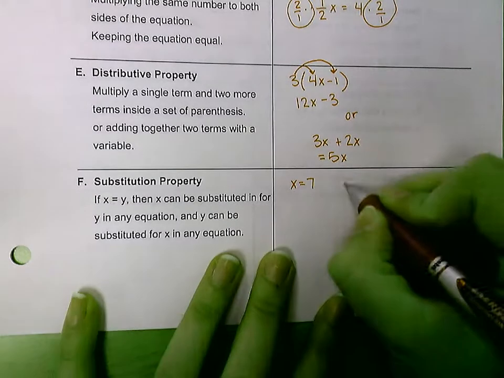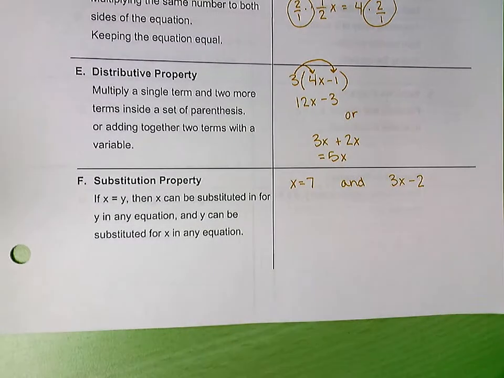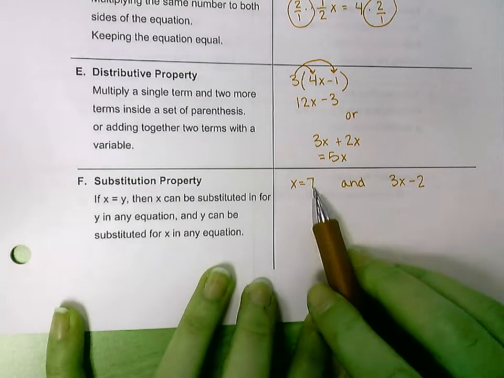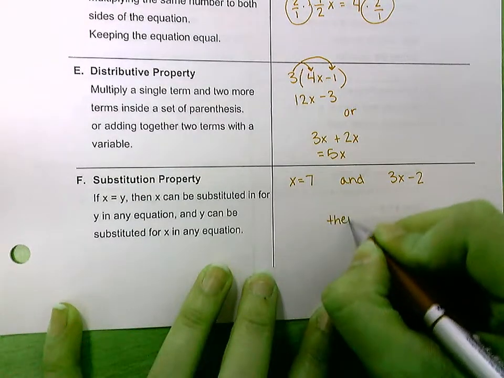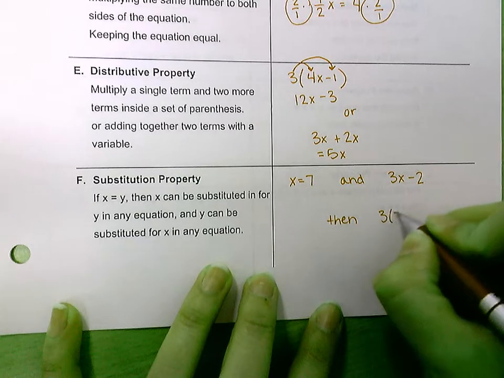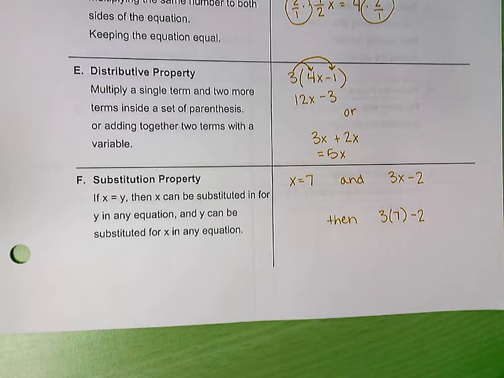And I have this equation, 3x minus 2, for one of my sides of something. I can plug in 7 for x. So then I can take 3 times 7 minus 2. You're plugging in that value for x. Whenever you're plugging something else in, that's substitution. You're substituting it in for something else.